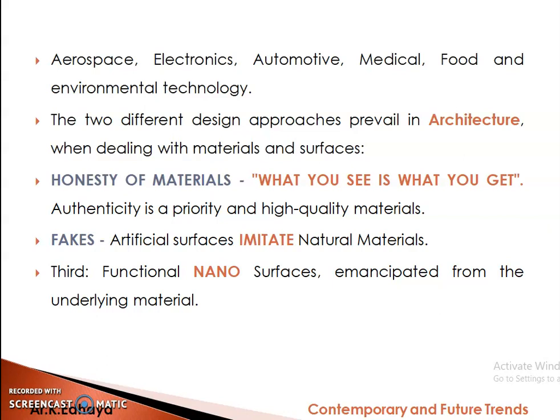When we talk about architecture, we see a lot of materials where we need these kinds of nanomaterials to have their impact, so that we can get rid of a lot of issues that we face in buildings. We have two kinds of materials basically. One is the true material, where the honesty of the material is showcased as such. Whatever you see is what you get.